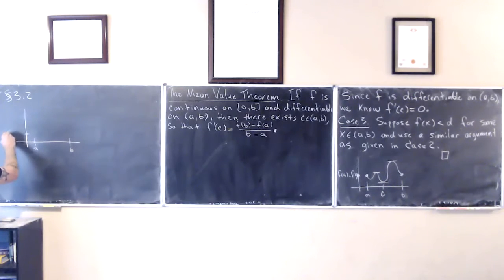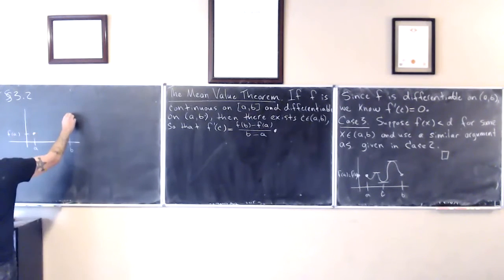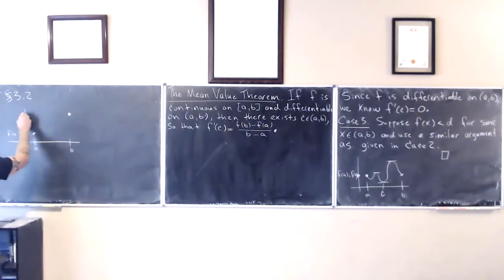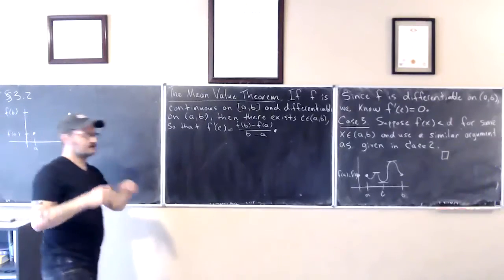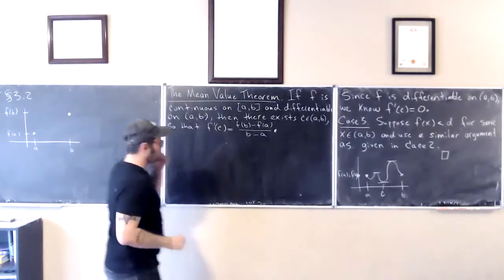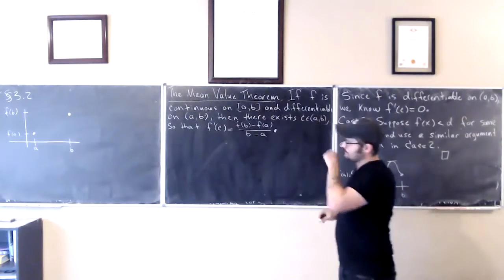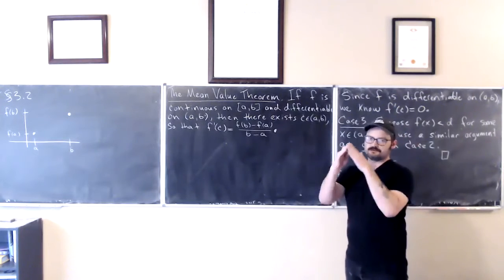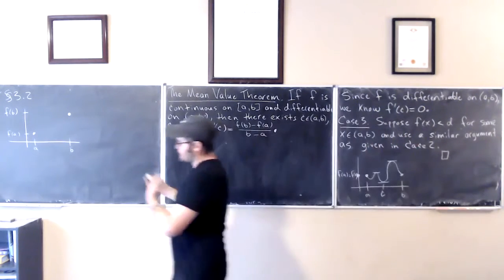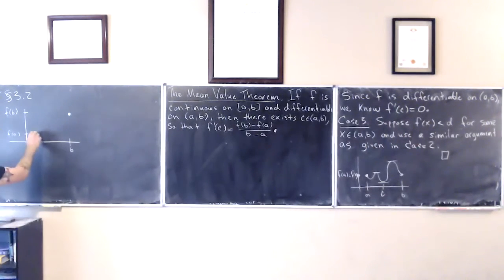This is like f of a, so right there. And let's suppose like here this is f of b. And we know it's continuous. There's no breaks in the graph of the function between those 2 points. We know it's differentiable, so we know that there's no spikes. It's more or less smooth between here.